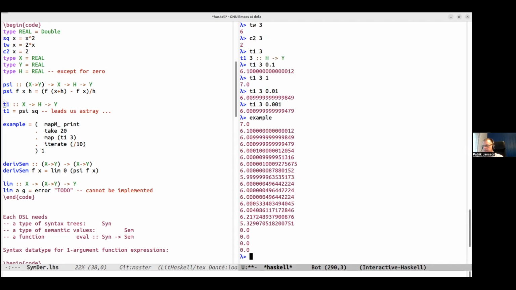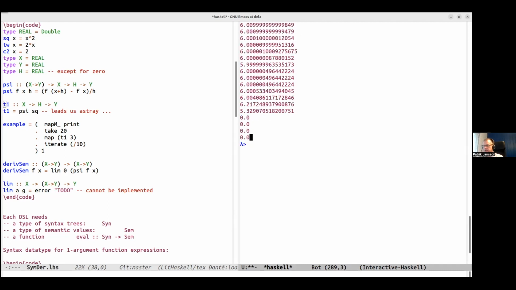And I'd written a little example code here which does exactly this. So it starts with h being 1, and then 1/10, 1/100, 1/1000, and so on. So 10 times smaller all the time. And we can see that it gets closer and closer to 6. Here it's really close to 6.